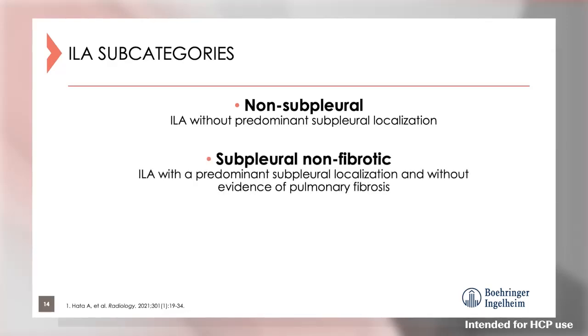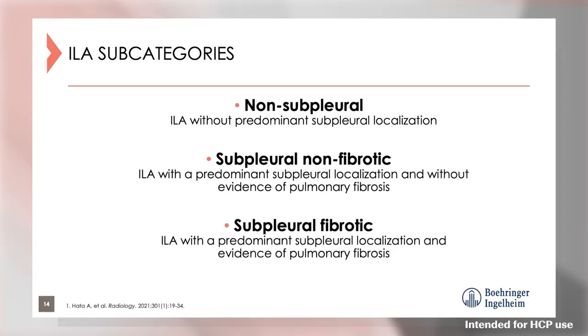This is interstitial lung abnormality with a predominant subpleural localization and without evidence of pulmonary fibrosis. The last category of ILA is subpleural fibrotic. This is ILA with a predominant subpleural localization and evidence of pulmonary fibrosis by CT.